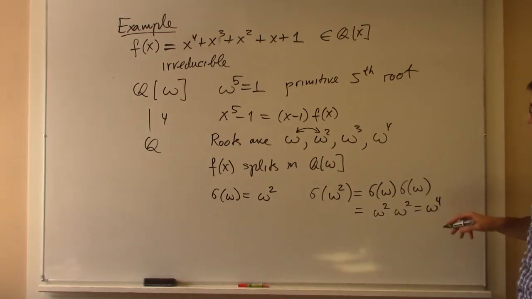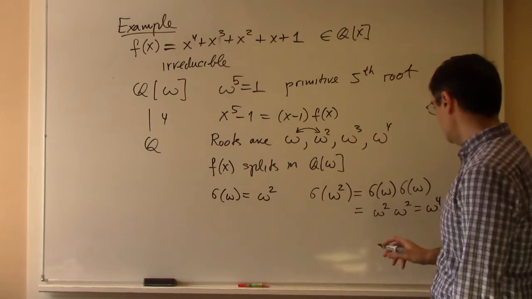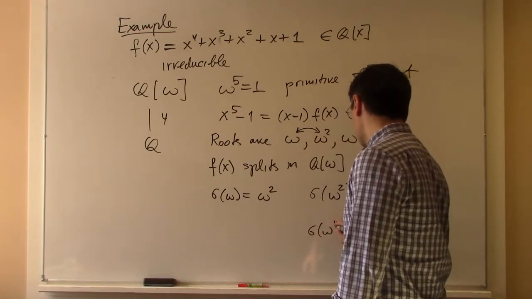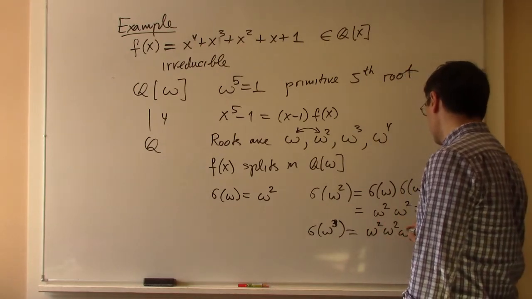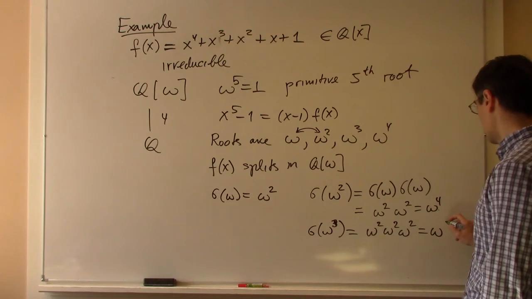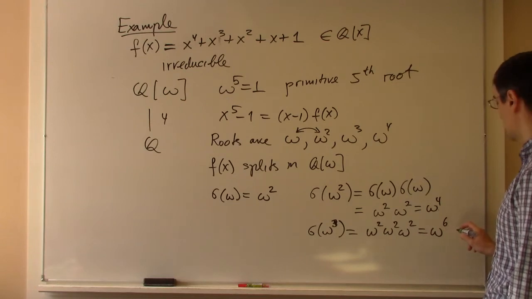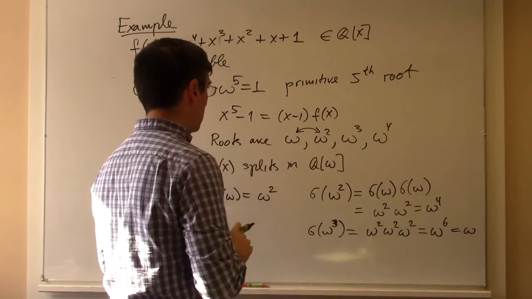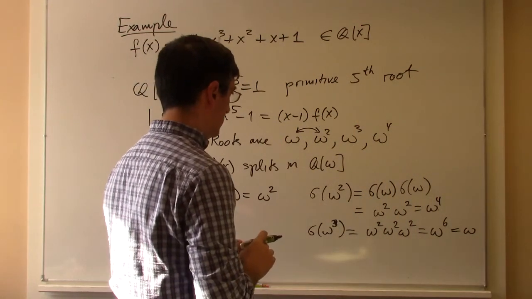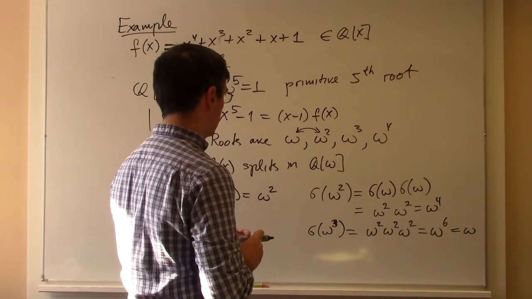And then if you apply this one more time, you should be getting sigma of omega cubed, which is omega squared three times, so this is omega 6. And omega 5 is 1, so you get actually omega.